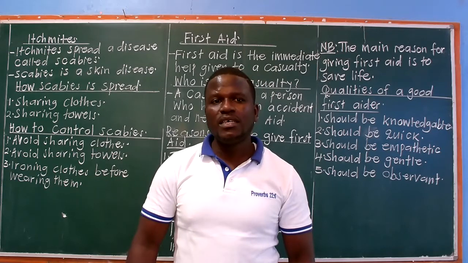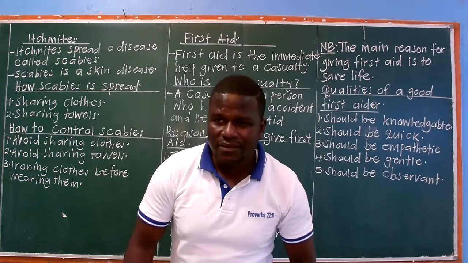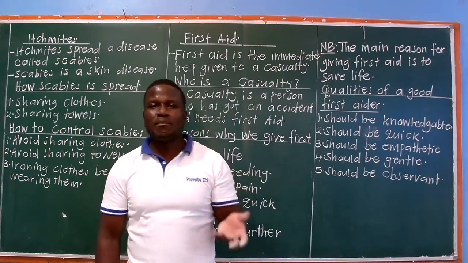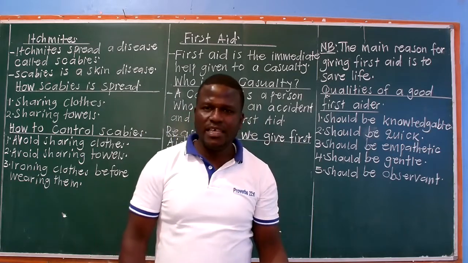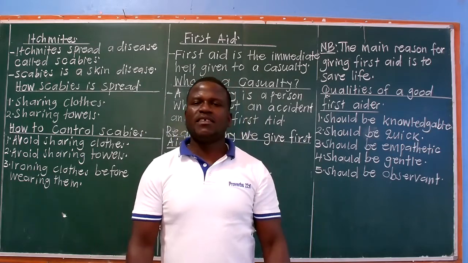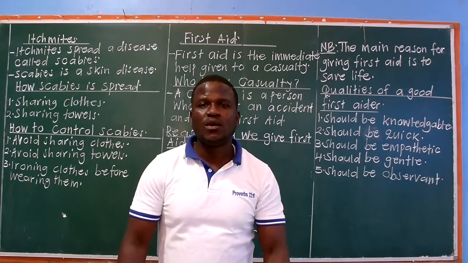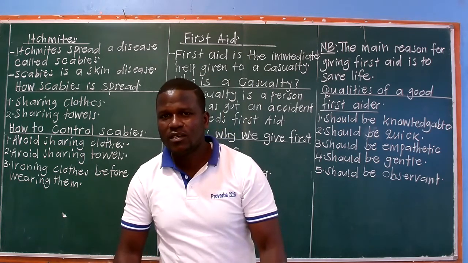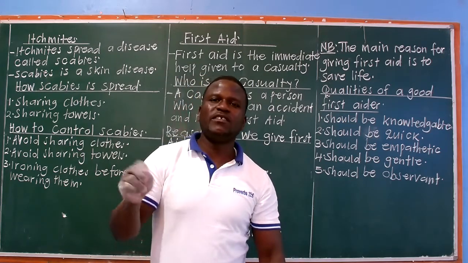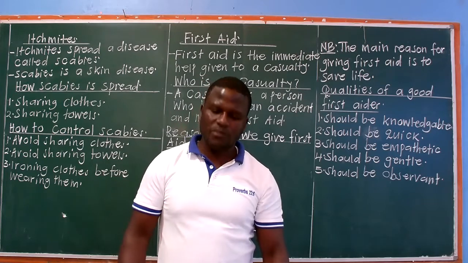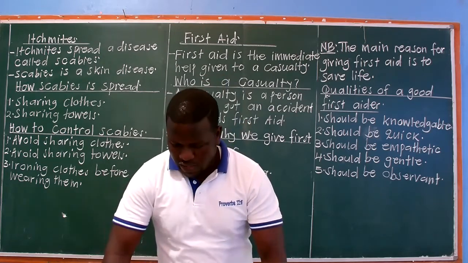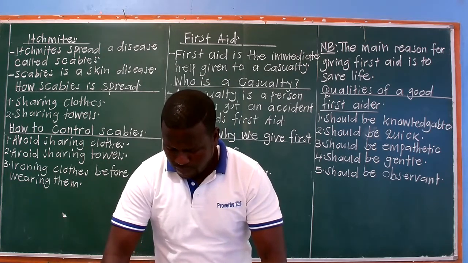Is it drowning or near drowning? Is it a snake bite? Is it nose bleeding? In case it's a snake bite, you should be observant. Where did the snake bite this person? So you should see the point of injury, and for you to do that, you must be observant. So those are qualities of a good first aider.